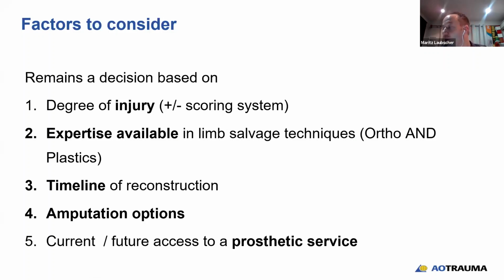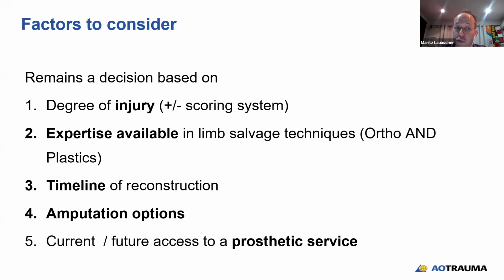You need to take into consideration the timeline of the proposed reconstruction, especially when it comes to bone defects. You guys know if you have a large bone defect, the reconstruction would often be more than a year or 1-2 years in a frame, so you need to take that into consideration versus an amputation where a patient can sometimes have a quicker return to function with the prosthesis.